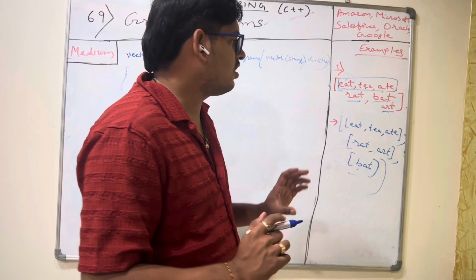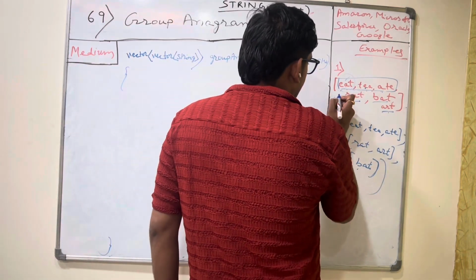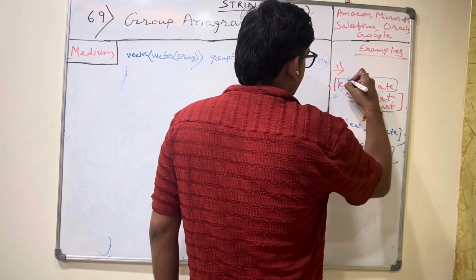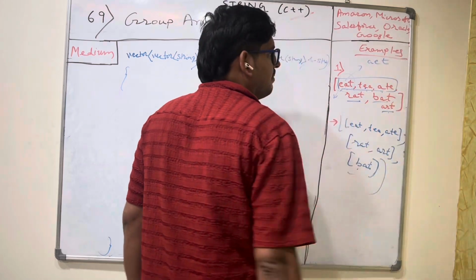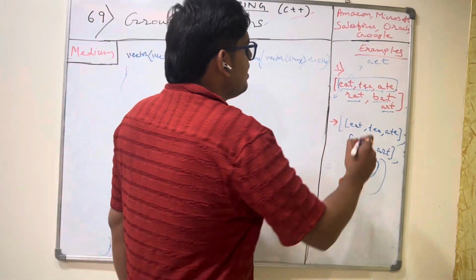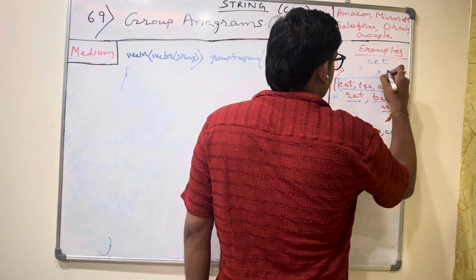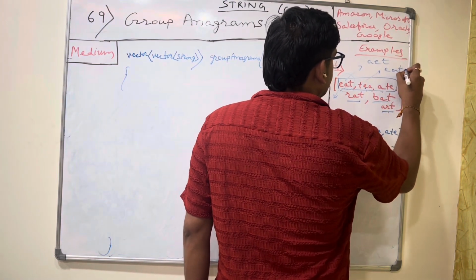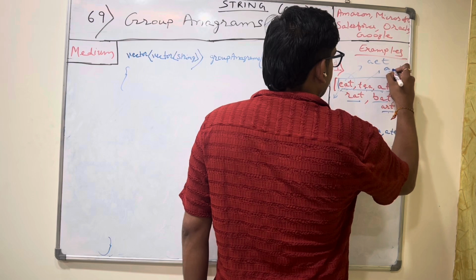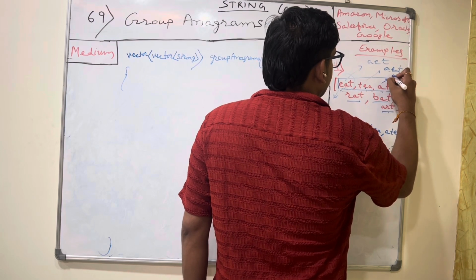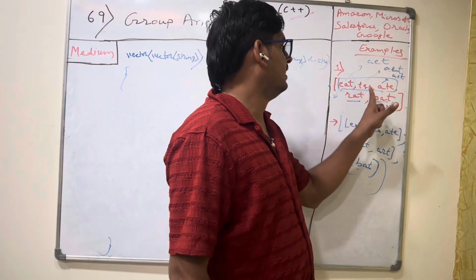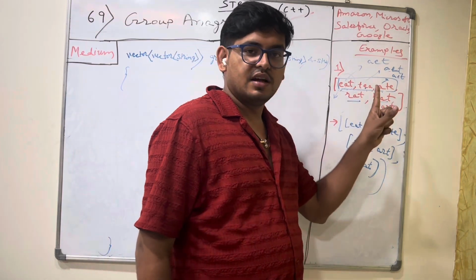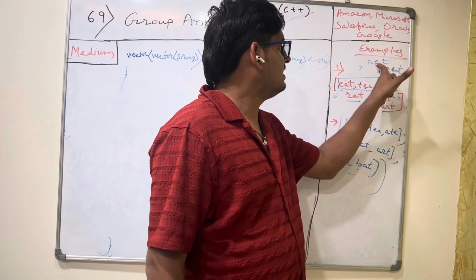So if we sort it, what will we get? First A will come, then E will come, then T will come, right? And then if we sort tea as well, what will it give? AET, right? AET, same. ATE, AET.